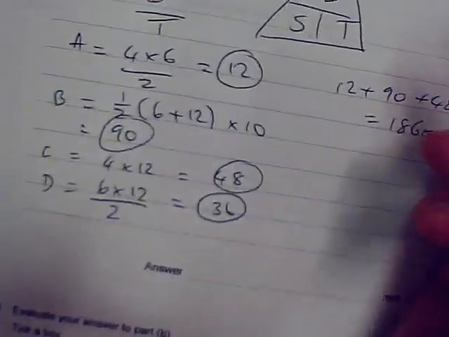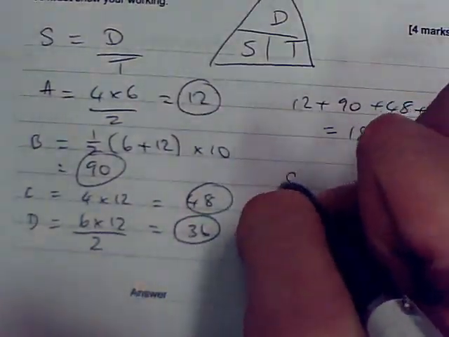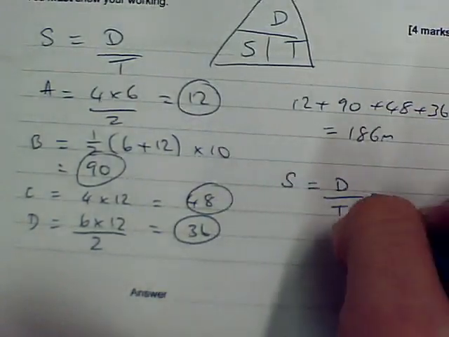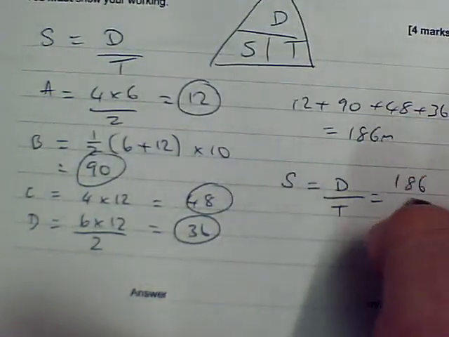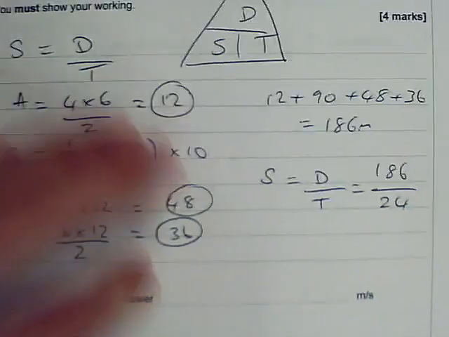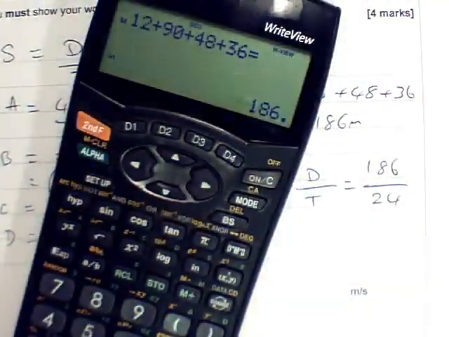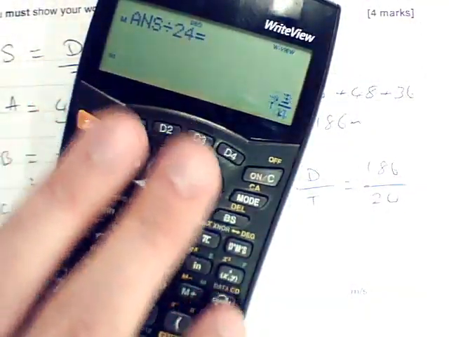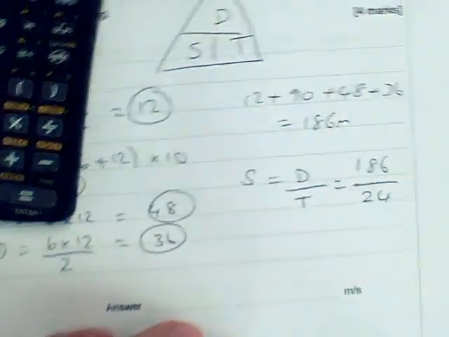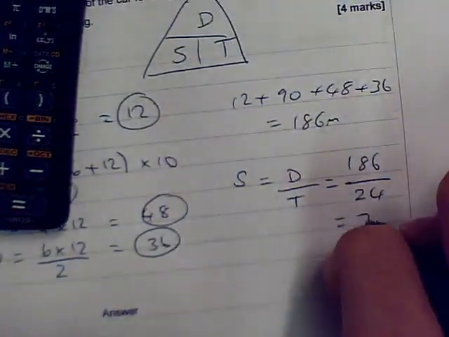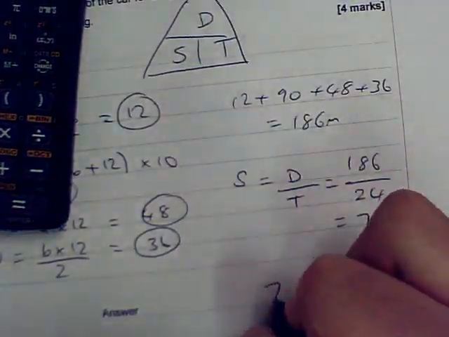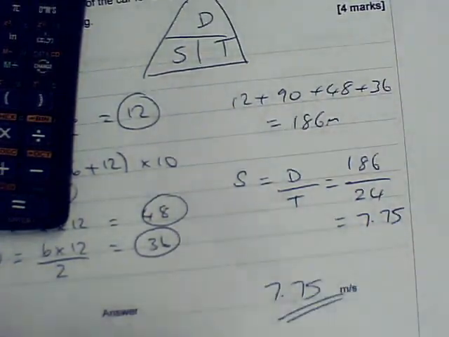So we now need to just put this into the formula. Speed equals distance divided by time, which is 186 divided by 24. So putting that into my calculator gives me 7.75. So that's going to be my answer.